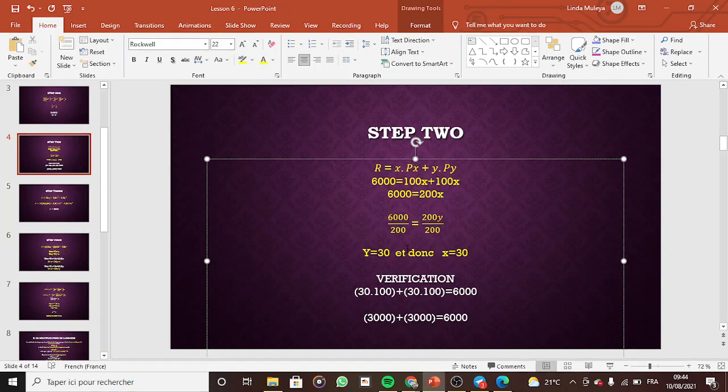And since x and y are equal, x is also equal to 30. And so what you found is you've actually found your optimal combination. You found that the quantity that you want to consume of x and of y that fits within your budget is 30 for both. And that's where we have our verification in this case. That shows us when you replace the 30 into this formula here, it does actually give you 6,000.